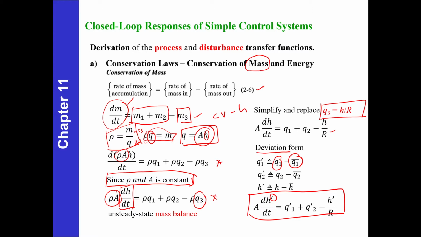Why? We should refer to chapter 2. I'm sorry, I have not memorized everything, but maybe later on I will refer back to why we need to put it in deviation form. But here I am showing you how to get this dynamic model.